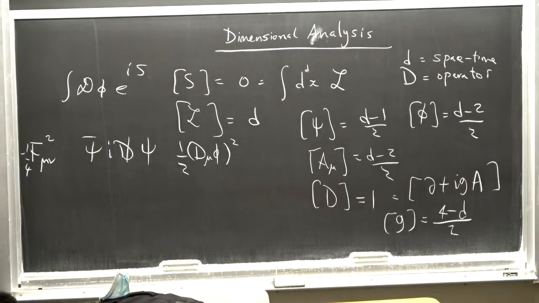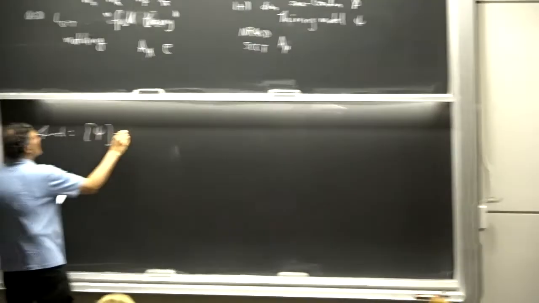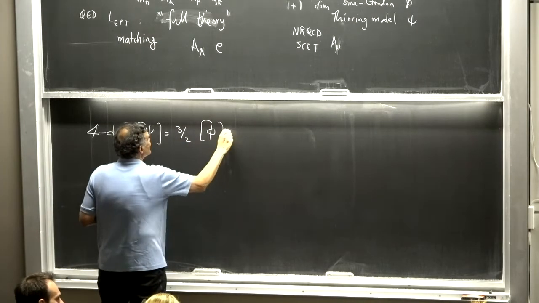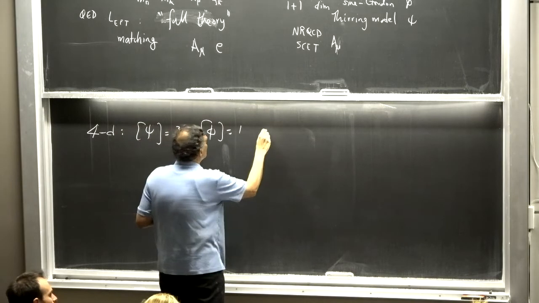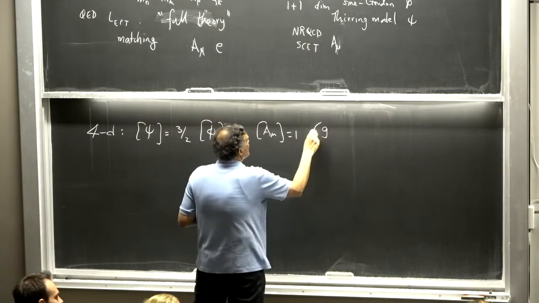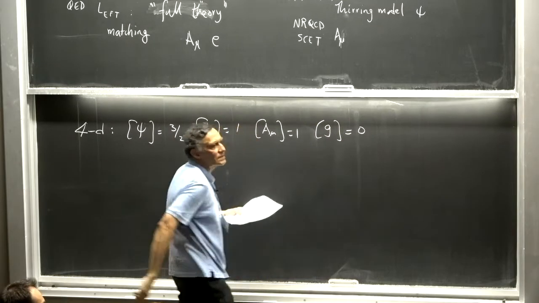So in 4 dimensions, which is what we want to work in, a fermion field has dimension 3/2. A scalar field has dimension 1. A_mu has dimension 1. The coupling constant has dimension 0.